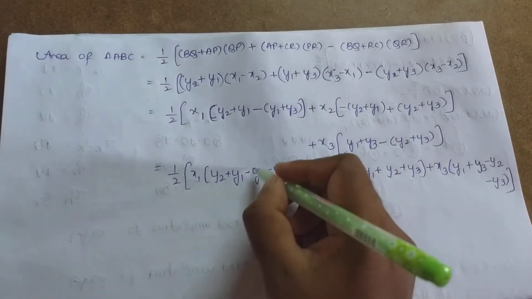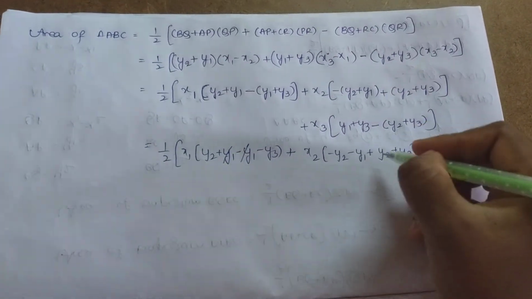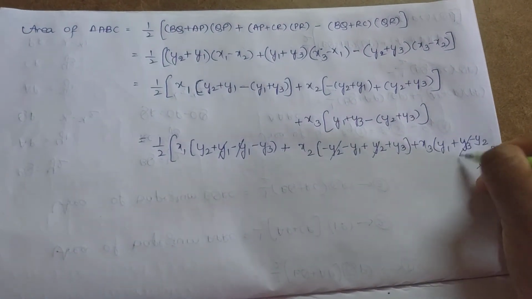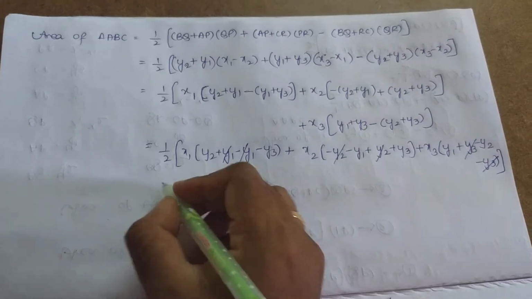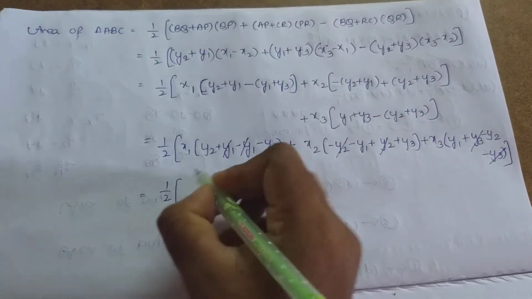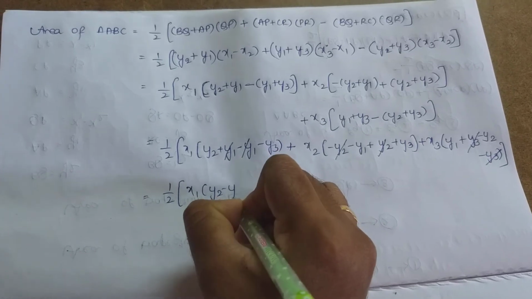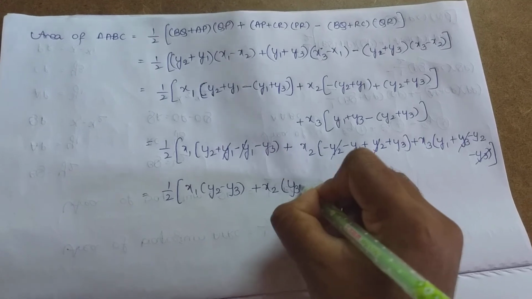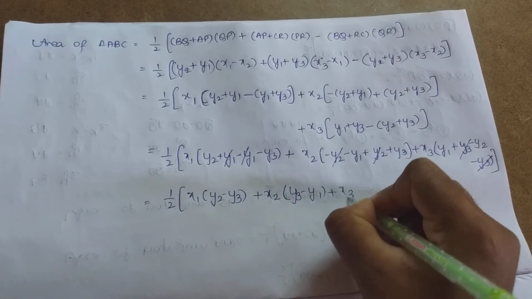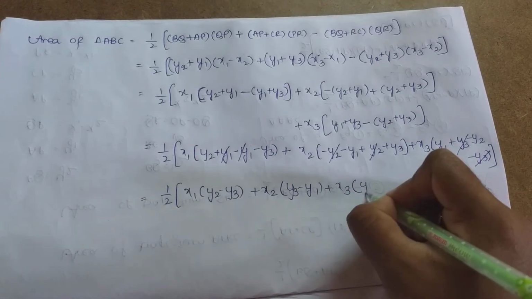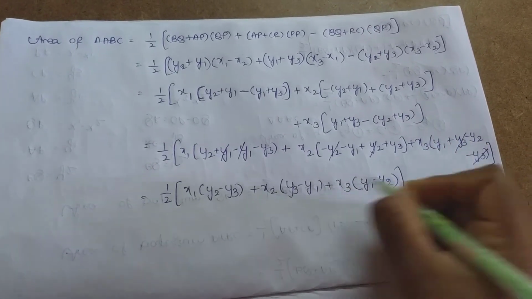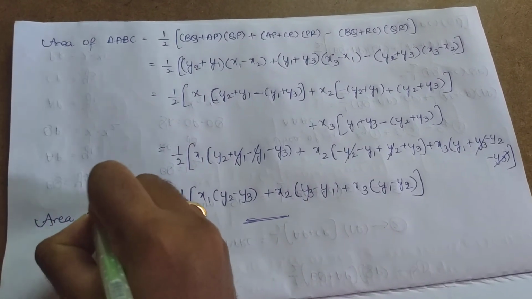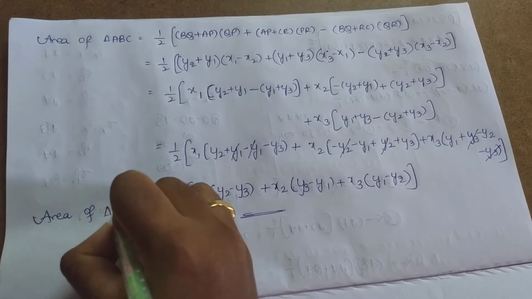Here y1 and y1 will be cancelled off, here y2 and y2 will be cancelled off, and here y3 and y3 will be cancelled off. So what do we get? 1 by 2 into x1 into (y2 minus y3) plus x2 into (y3 minus y1) plus x3 into (y1 minus y2). This is the formula for the area of a triangle ABC when the 3-point coordinates are given. Clear?